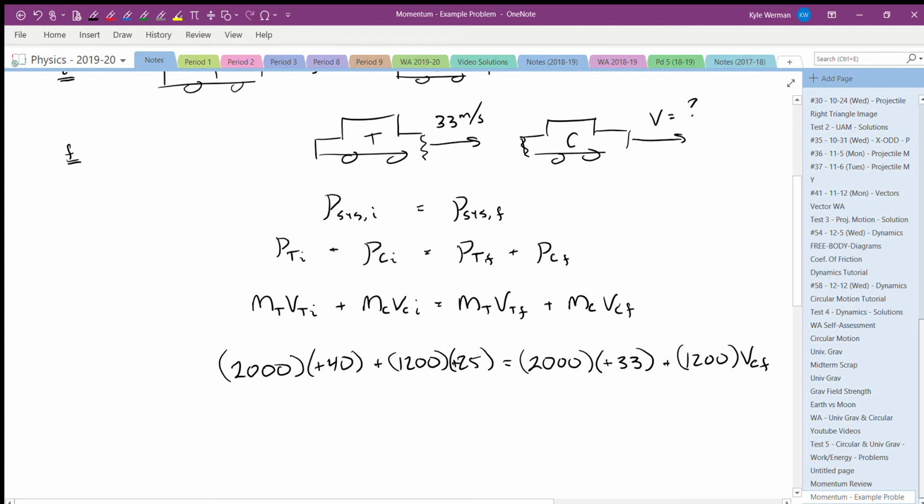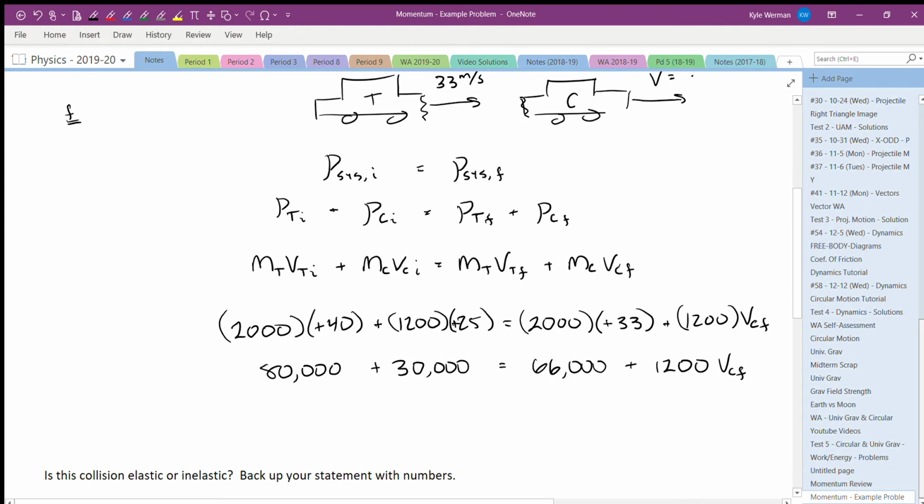You have 2,000 times 40, which is 80,000, plus 25 times 1,200, which is 30,000, is equal to 2,000 times 33, which is 66,000, plus 1,200 V of the Civic final.